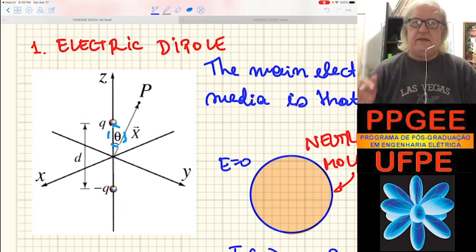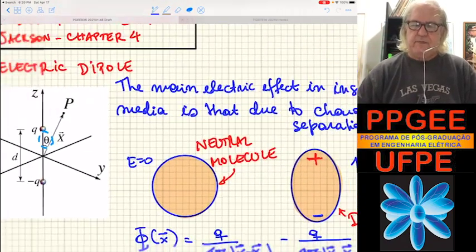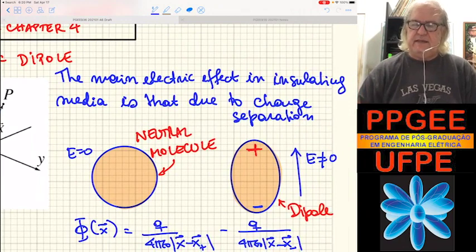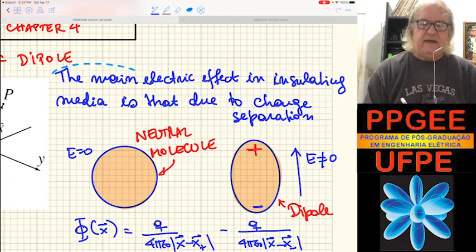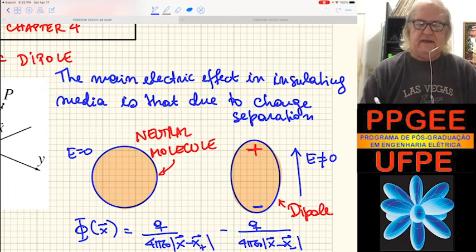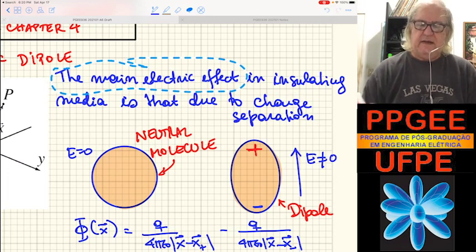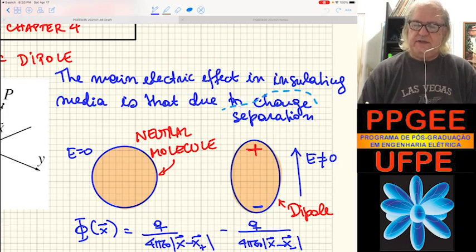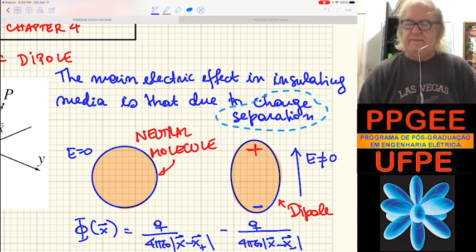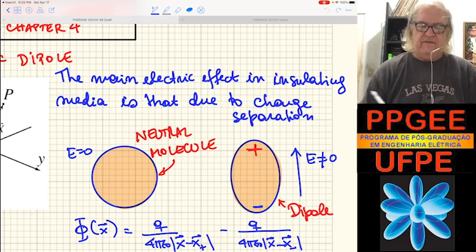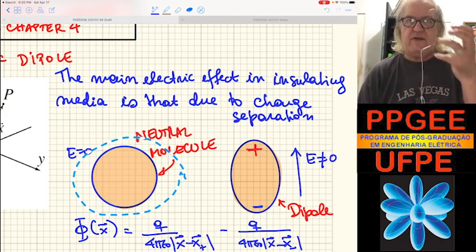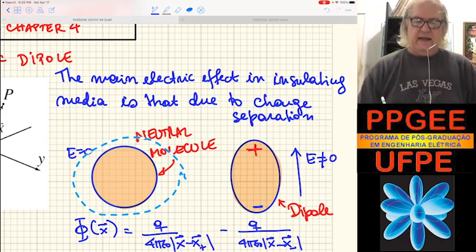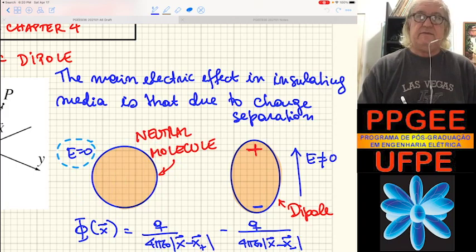So why is this important? If you look at insulating materials, the main electric effect that we have in insulating materials is that due to charge separation, right? For instance, let's make the very simplified assumption in which you have a spherically symmetrical atom in the absence of an applied field.